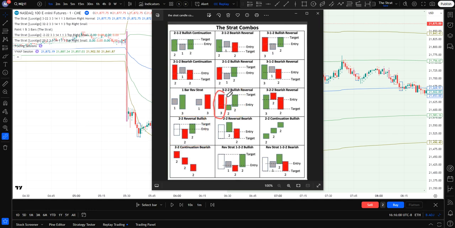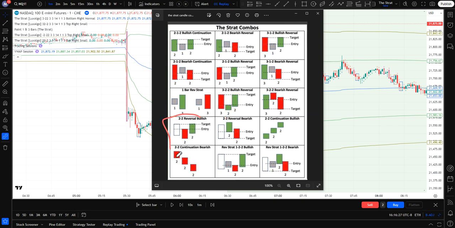I'm looking for an engulfing bar, something that engulfs the entire candle right before it. That gets me paying attention. And then I want a candle that breaks down below in only one way. In a long situation, I'm looking for a breakdown lower and then to go back higher. So I want the engulfing, and then something to break lower, and then something to break higher.